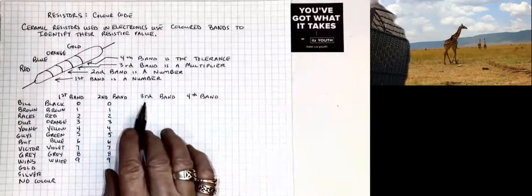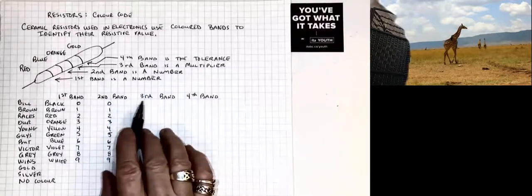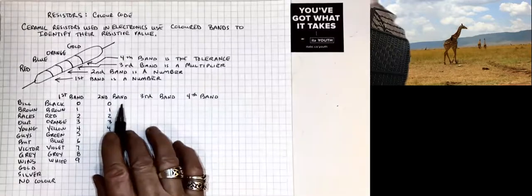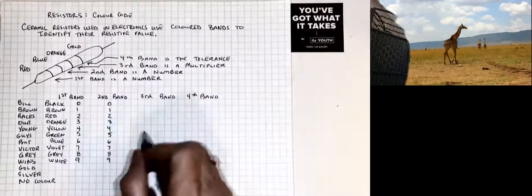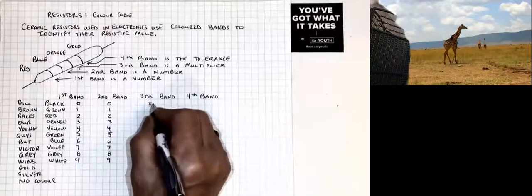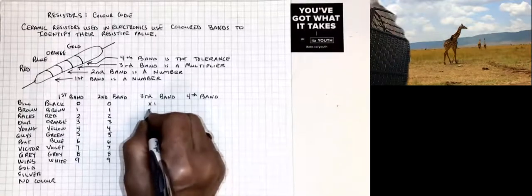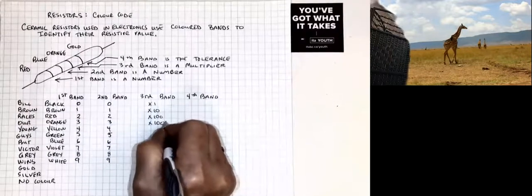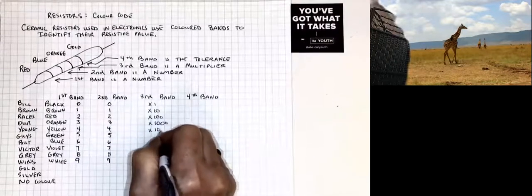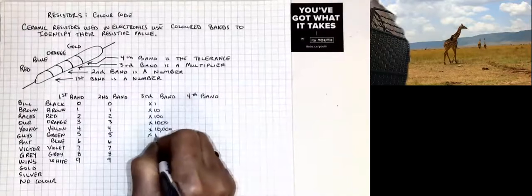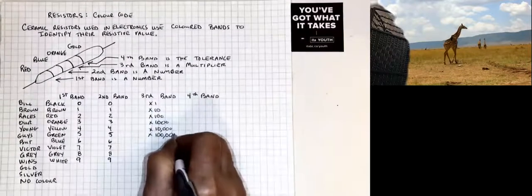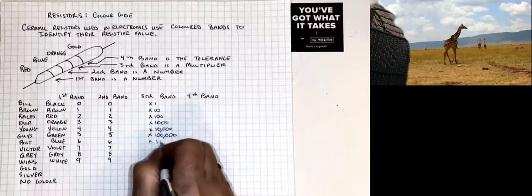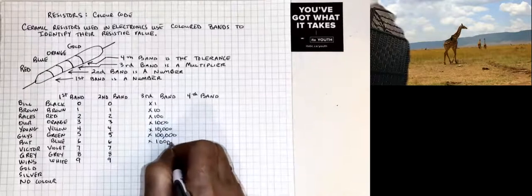The third band is actually a multiplier. Now we can't multiply by a 0 or it would end up being no value at all. So this third band is basically times 1, times 10, times 100, times 1,000, times 10,000, times 100,000, times 1,000,000.